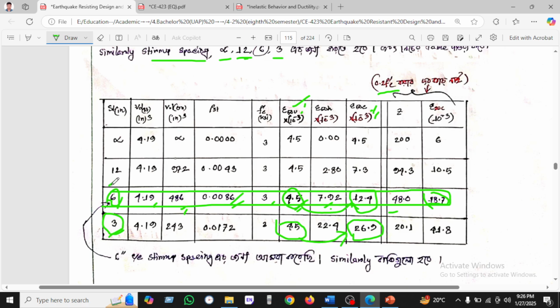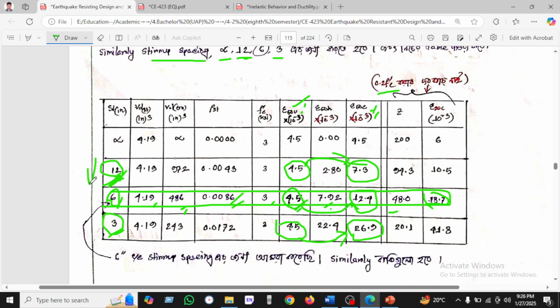If we use the spacing greater, which is 12, then we have found the ultimate unconfined strain is 4.5, and the confined strain will be 7.3. It will be maybe 2 times.